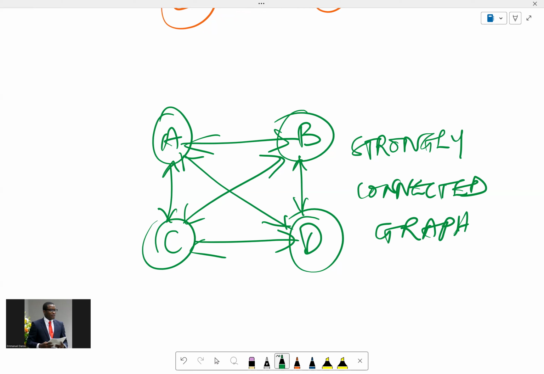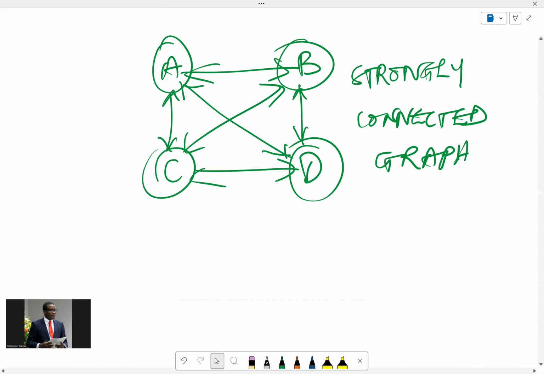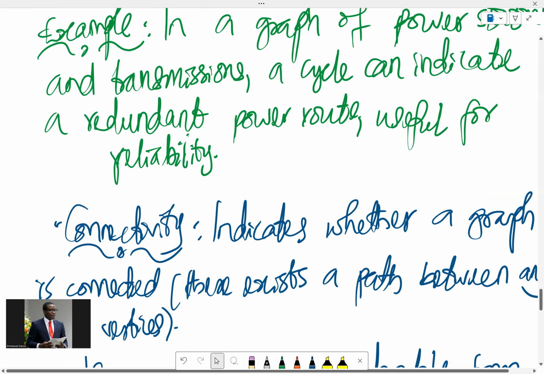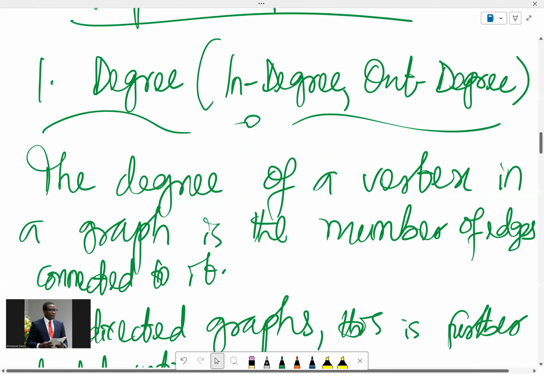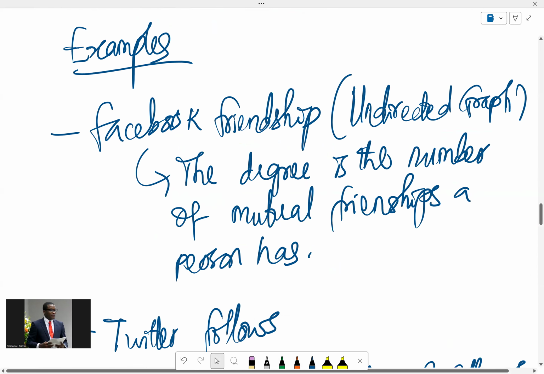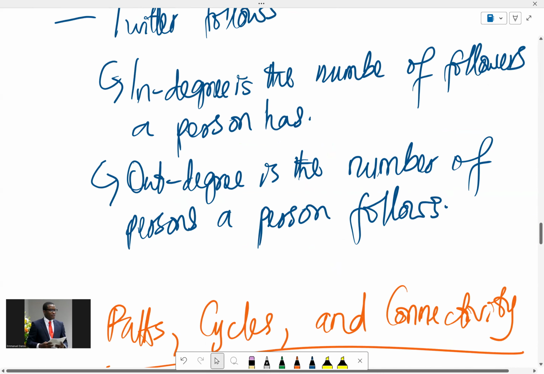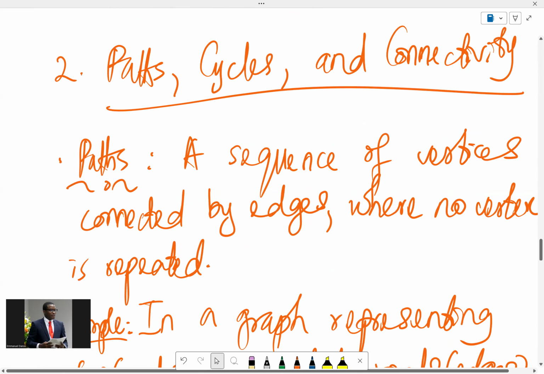Let's go on to the last set of ideas under properties. So far we've talked about the degree of a vertex, and under that, in-degree and out-degree. Then we've talked about paths, cycles and connectivity.